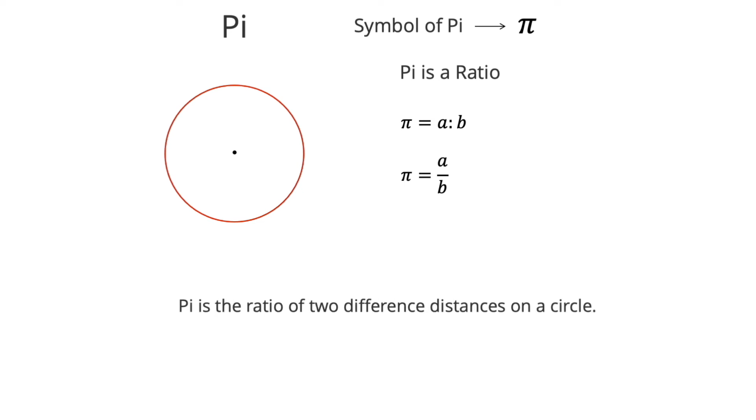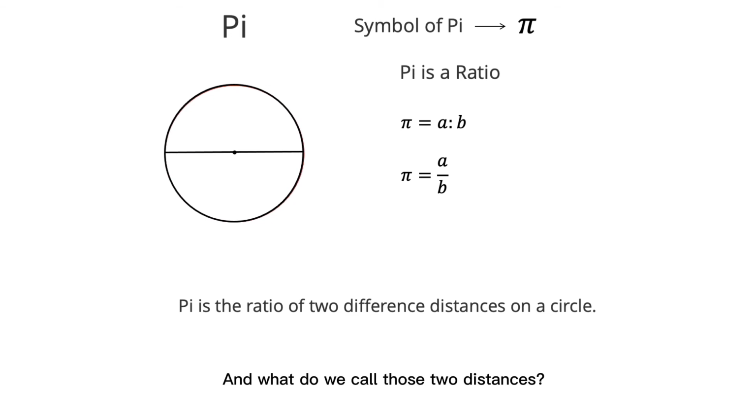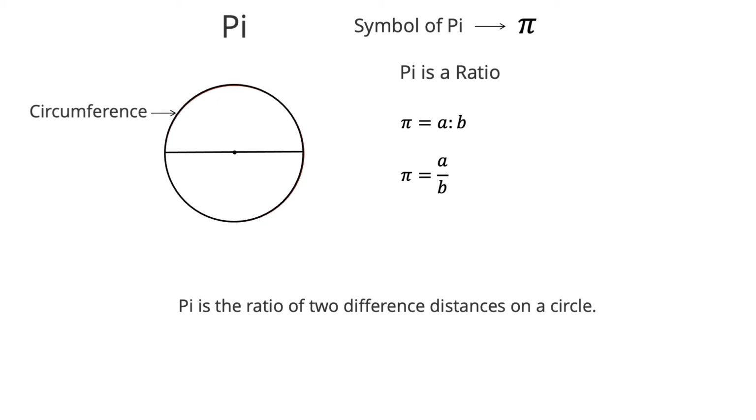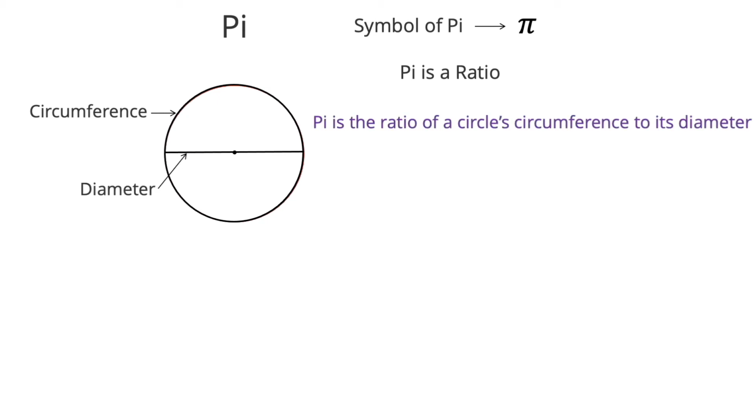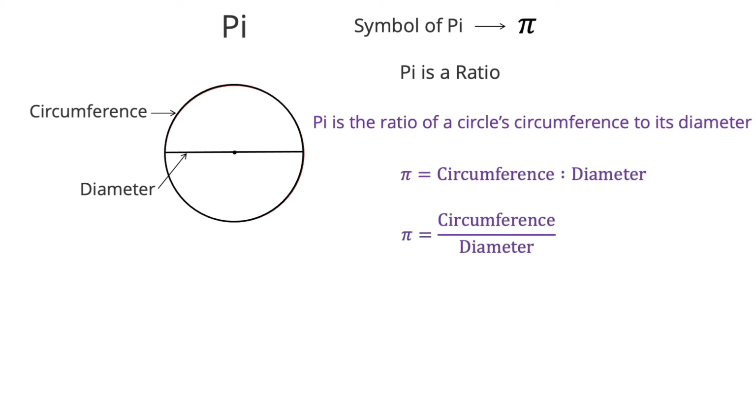Pi is the ratio of two different distances on a circle. The distance around the circle and the distance across a circle. And what do we call those two distances? Yes, the circumference and the diameter. So, pi is the ratio of a circle's circumference to its diameter. Or we can say pi is the circumference divided by the diameter.